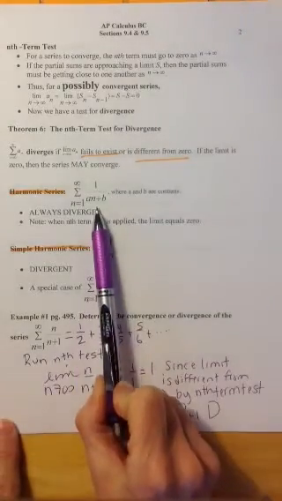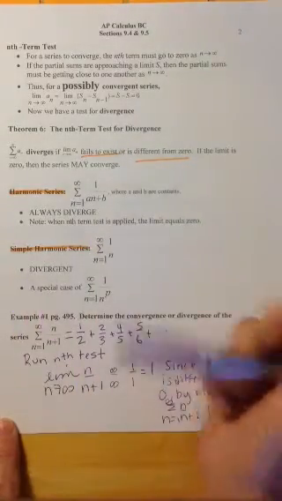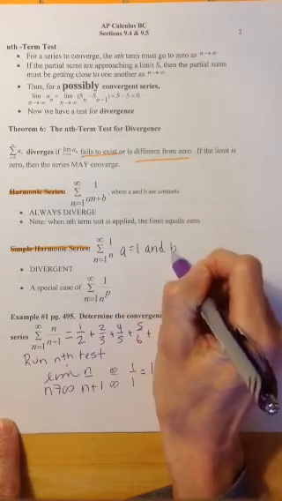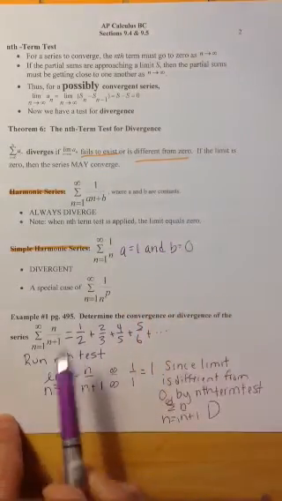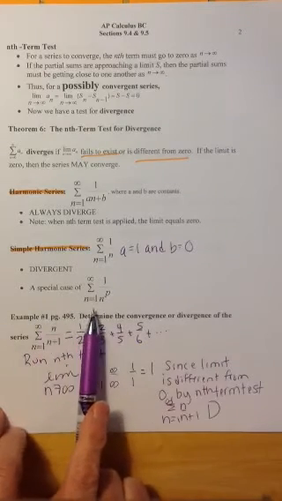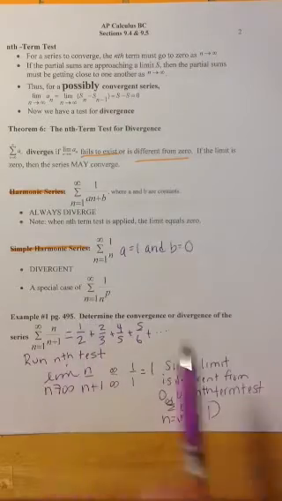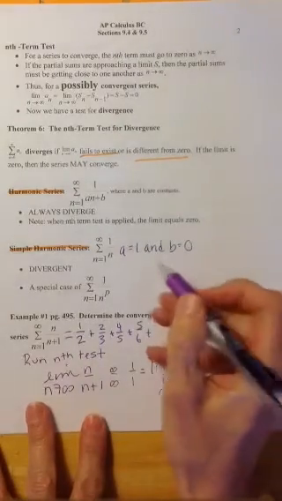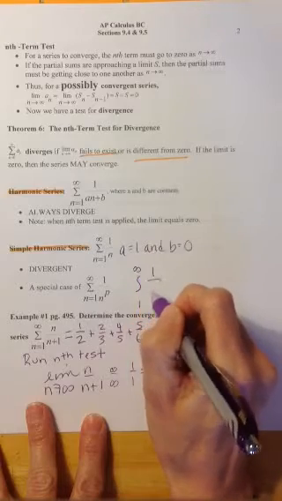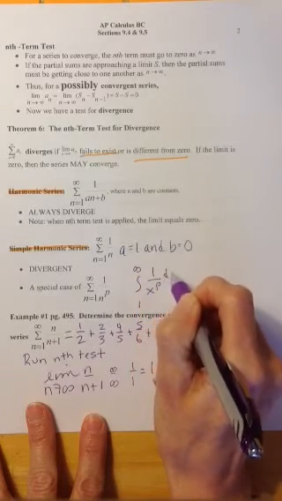Now, a special case of the harmonic series is the simple harmonic series, when a equals 1 and b equals 0. We say this is divergent. We also say that this is a special case of the series from n equals 1 to infinity of 1 over n to the p power. If you recall from chapter 8, we learned about this integral.